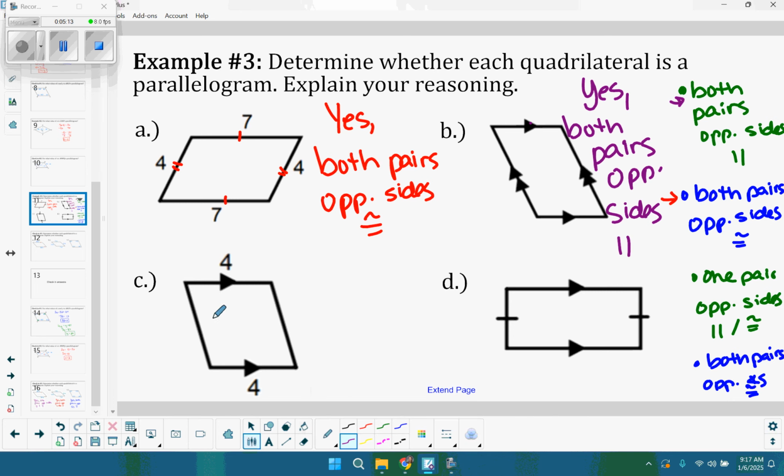In C, I see this side is 4 and this side is 4, so they're congruent, and they have the parallel symbols. So I have a pair of sides that's parallel and congruent, and that's what I see right here.